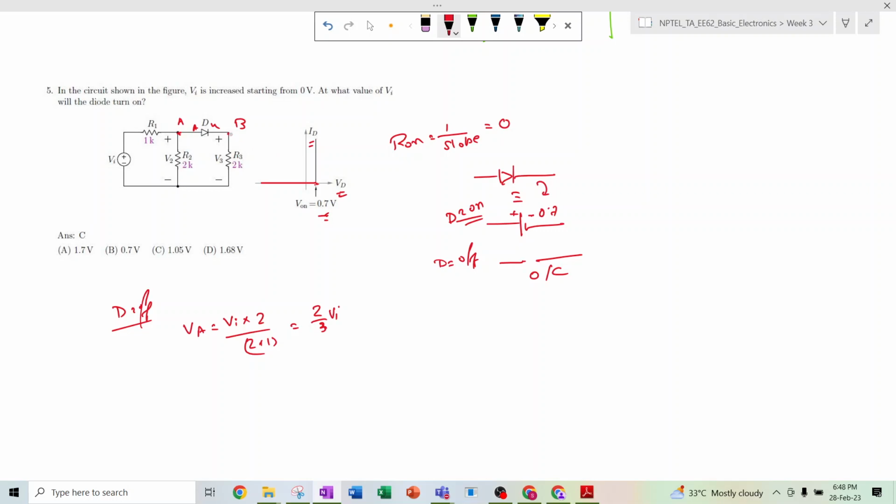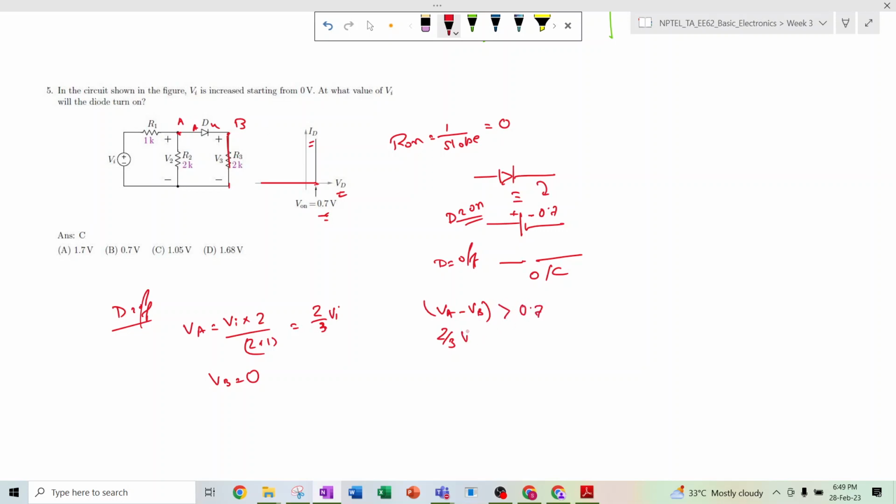So if the diode is off, then this terminal is 2 by 3 Vi, so Va minus Vb should be, as the diode is off, Vb is connected to ground, so Vb is 0, and the diode will be turned on when Va minus Vb is greater than 0.7 volt.